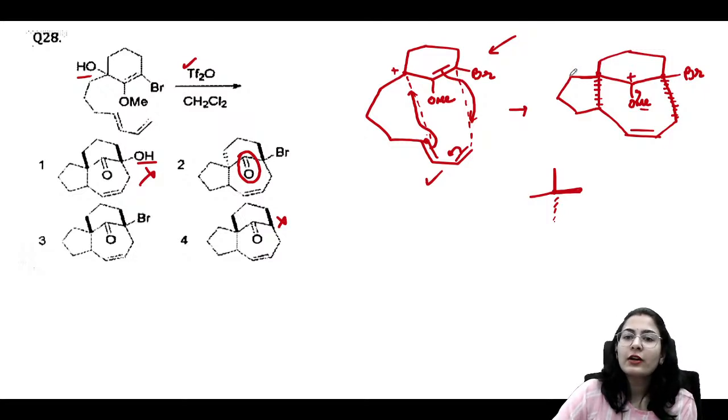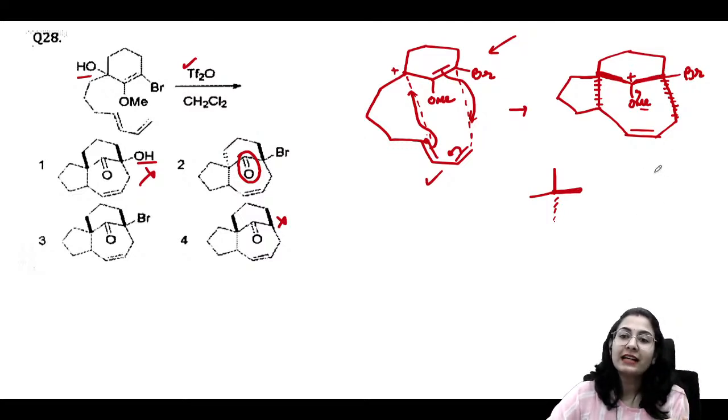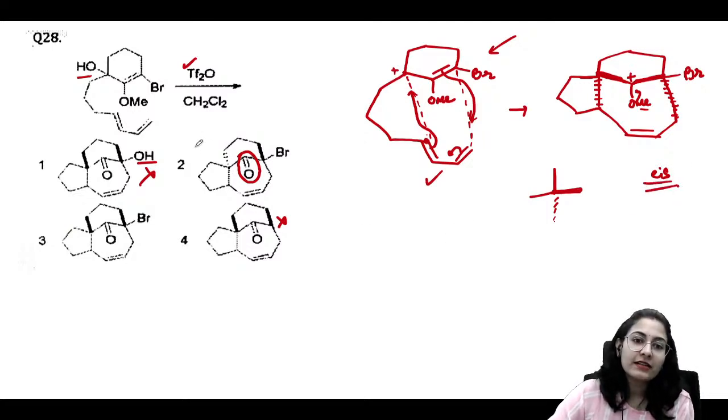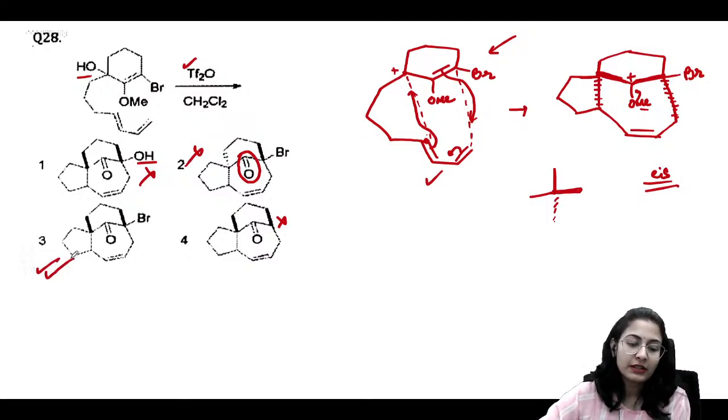So these two are on the plane of paper. Let's say this group is above and this is below. Similarly, these two are on the plane of paper. Let's say this is above and this is below. इसका मतलब क्या हुआ? It means that this is the stereochemistry. It is not trans. ये trans नहीं हो सकता. 2 is wrong. Okay, the answer is going to be option number 3.